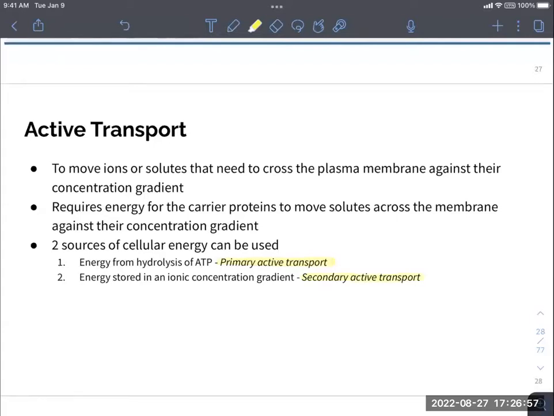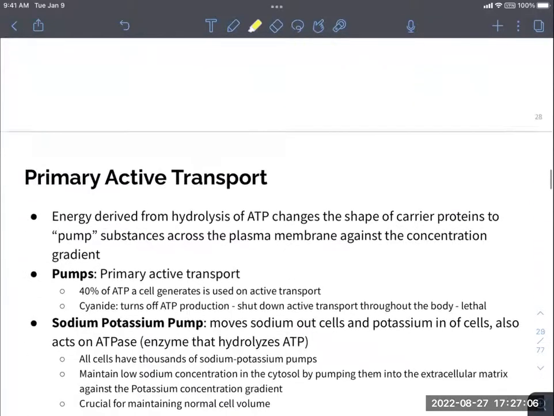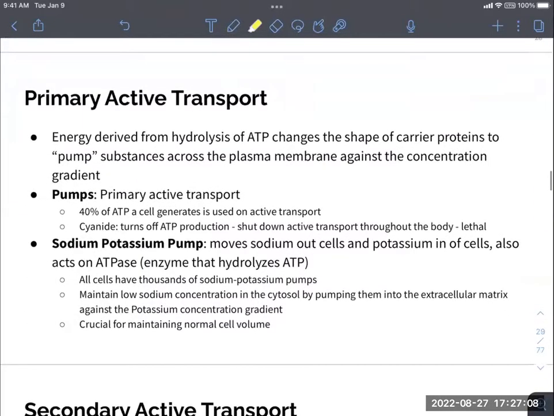How the energy is used determines if it's primary or secondary active transport. In primary active transport, we get our energy from ATP. That ATP changes the shape of the carrier protein to pump substances, ions, molecules across the plasma membrane against that concentration gradient.